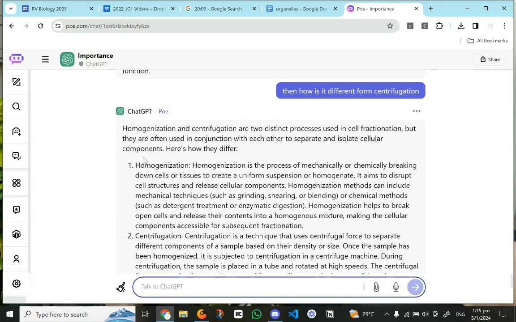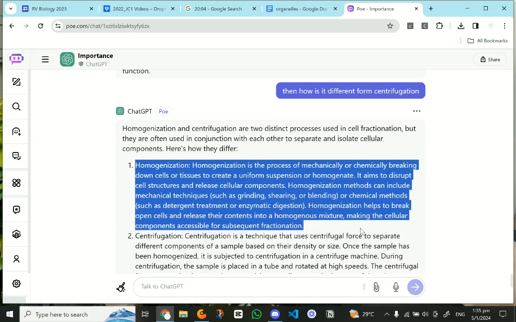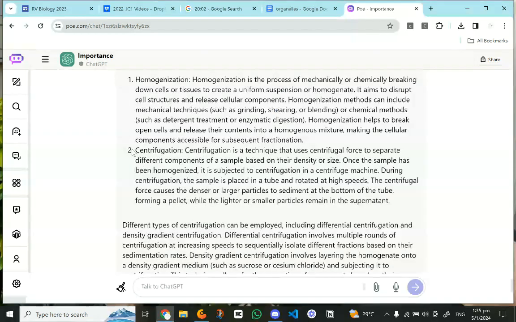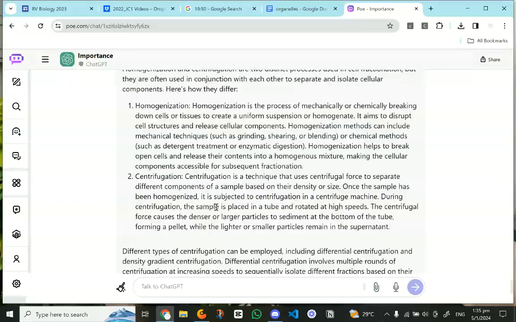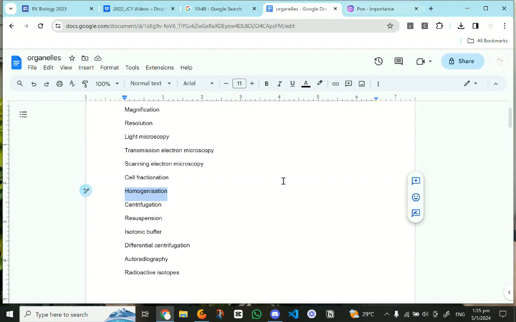So this is more just releasing by breaking the barrier, and this is more trying to make it even. Oh wait, no, not even. To get the different types of organelles based on the density. Yeah. Okay. Then what about resuspension?